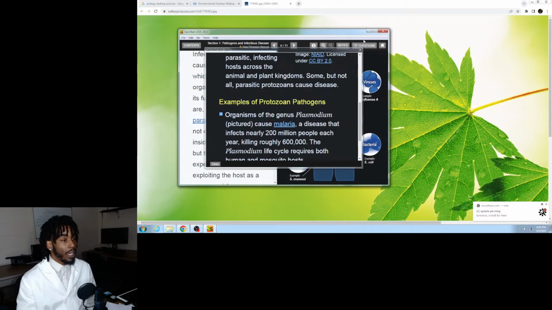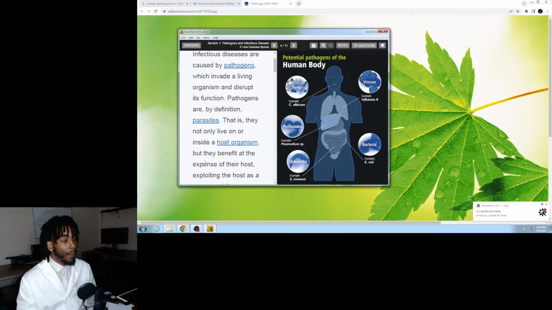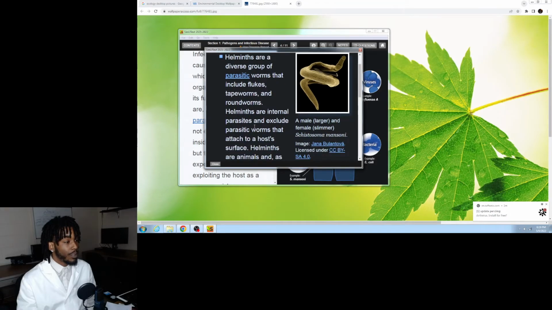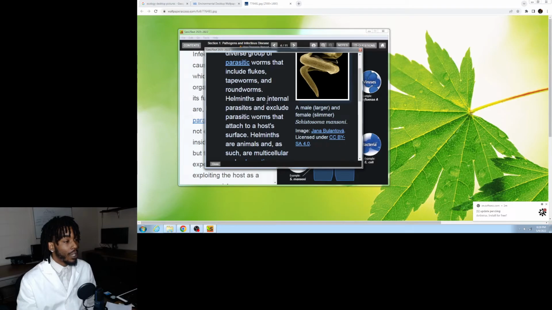So, we'll knock out these last two. Helminths. Helminths are a diverse group of parasitic worms that includes flukes, tapeworms, and roundworms. Helminths are internal parasites and exclude parasitic worms that attach to a host's surface.